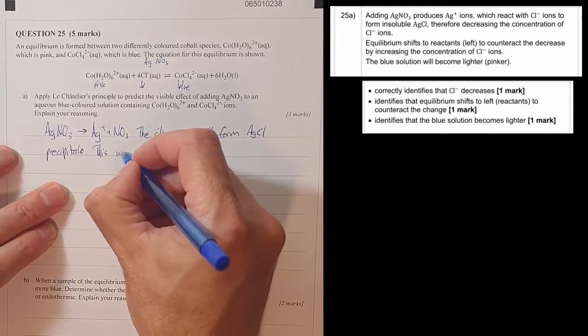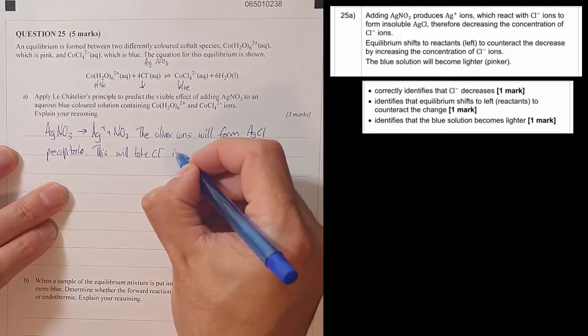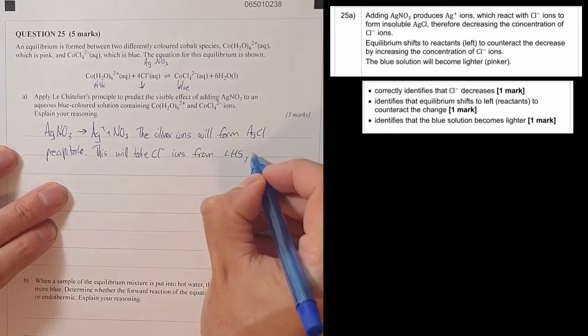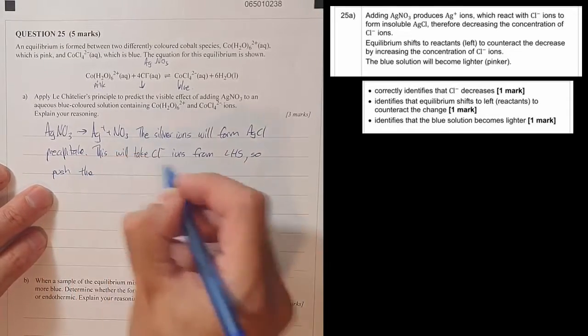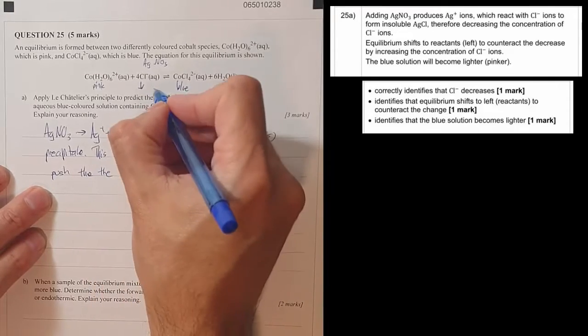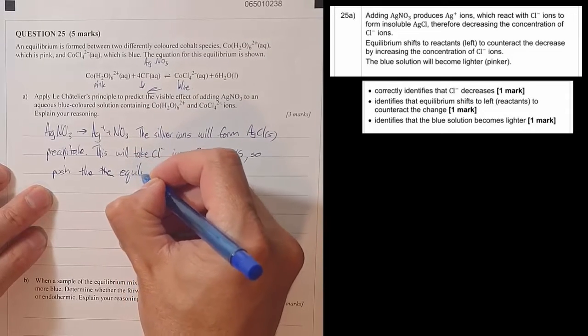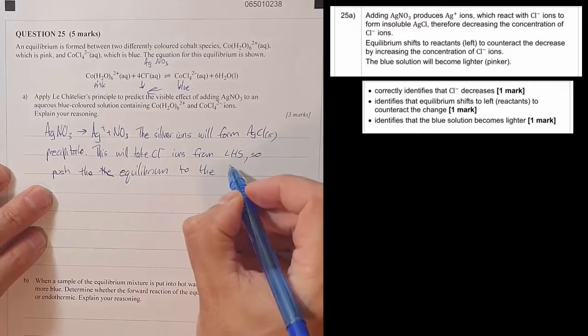This will take Cl minus ions from the left-hand side, and so push the equilibrium to the left-hand side.